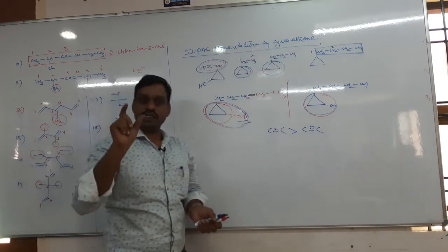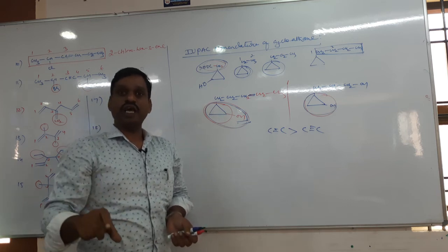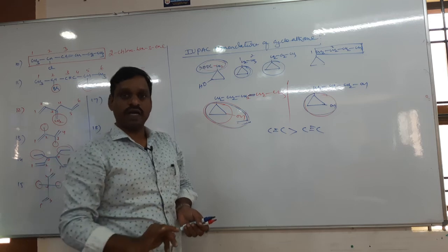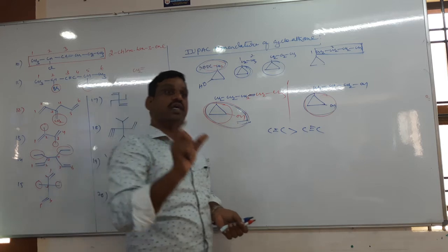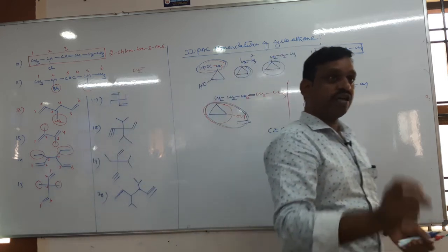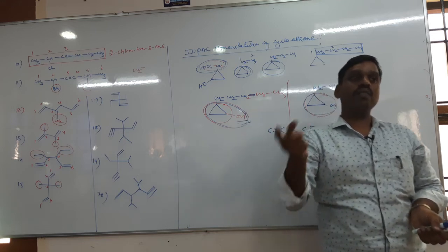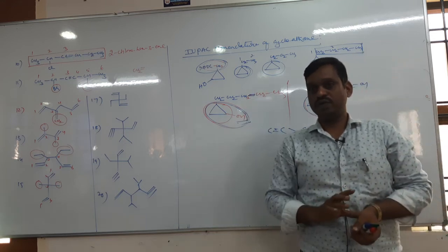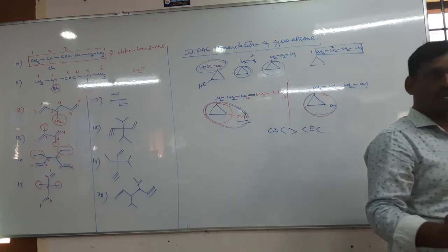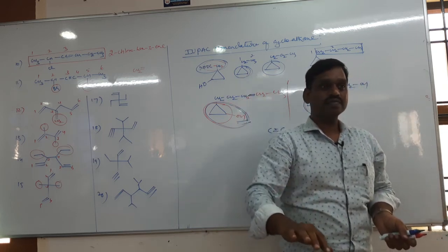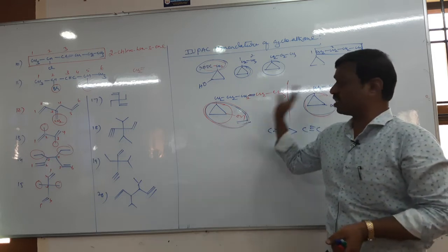In selection of parent chain, suppose the cyclic ring and side chain have an equal number of carbon atoms, then which is taken as the parent chain? Cyclic ring. That means the cyclic ring should be taken as the parent chain if it has equal or more number of carbon atoms compared to the side chain. Second rule, if there is a functional group or a multiple bond, irrespective of the number of carbon atoms, the cyclic ring can be taken if OH or any functional group is present on the cyclic ring.